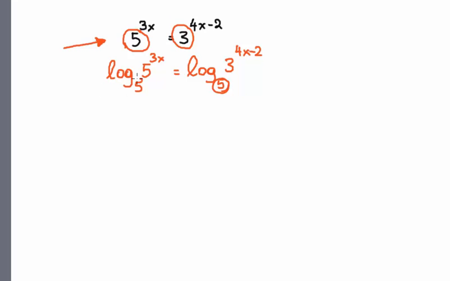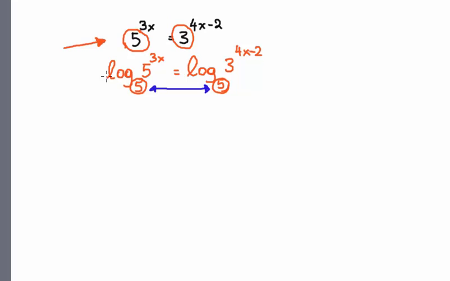Pay attention to the bases of the logarithms. These bases need to be equal. It doesn't matter what number you choose, as long as you have the same number here.